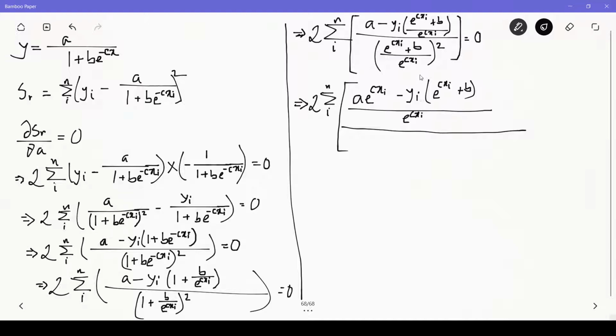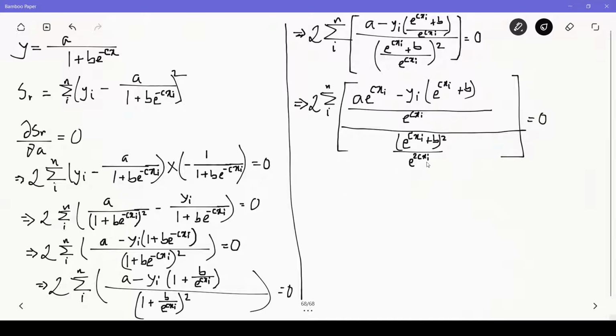So instead of doing the same thing, we can just square it. So we get something like what? e to the power cxi plus b whole square. So we separate out the numerator and the denominator. We get what? So e to the power cxi square is e to the power 2 cxi, right? Now that we have this whole thing is equal to 0, right?